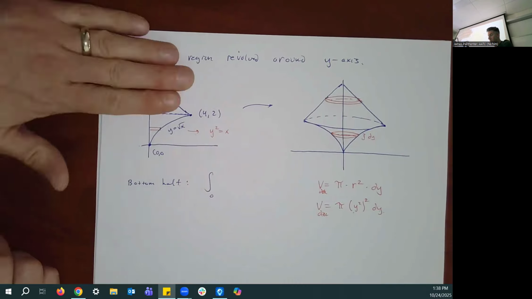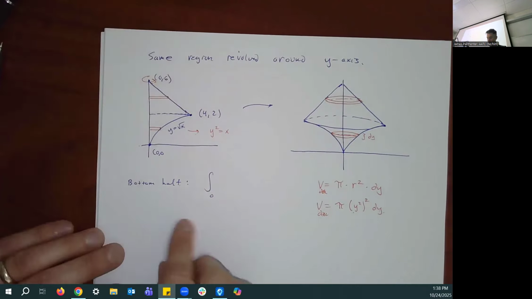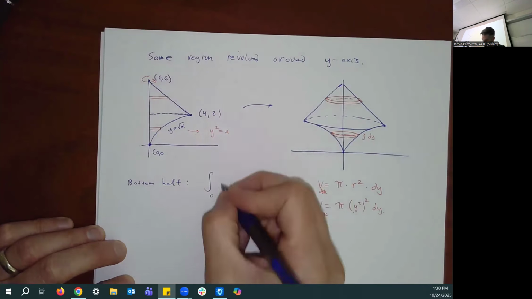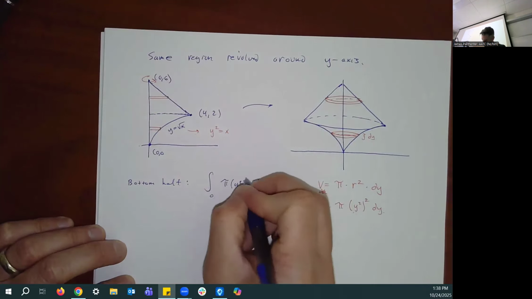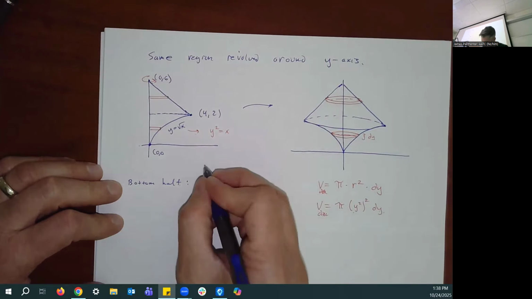We just want the bottom half, so we go as high as y equal to 2, not x equal to 4, because it's a y thing. Our integral is a dy here: pi times y squared, squared, from y equal to 0 to y equal to 2.